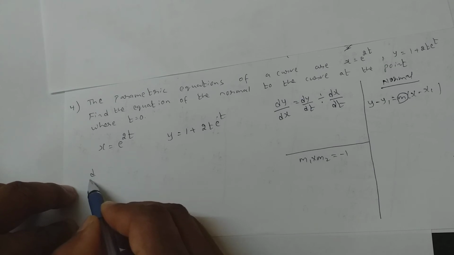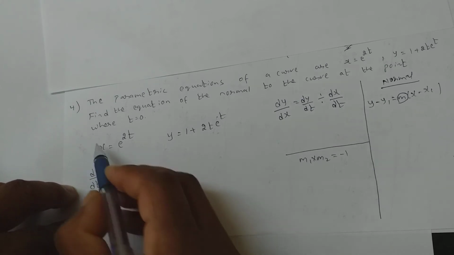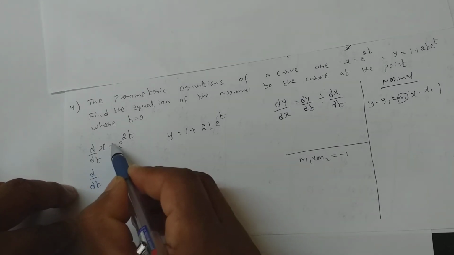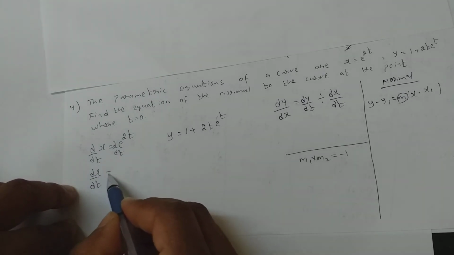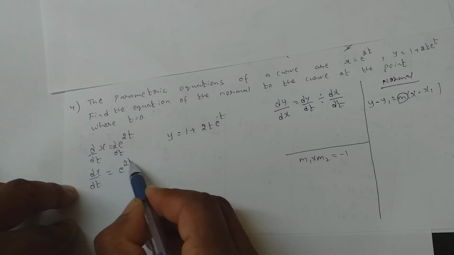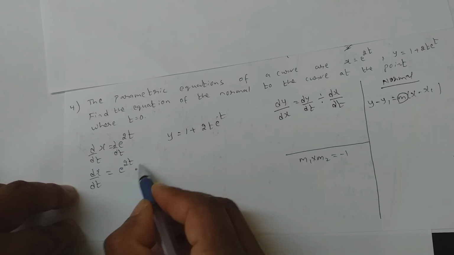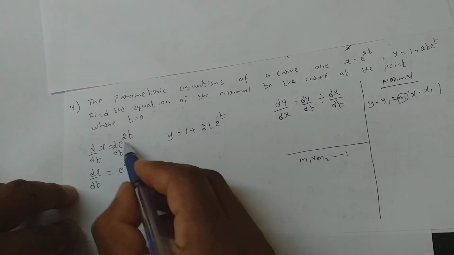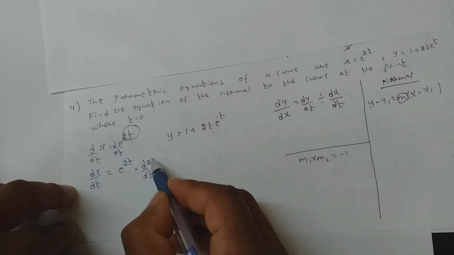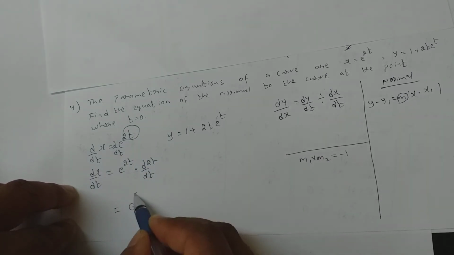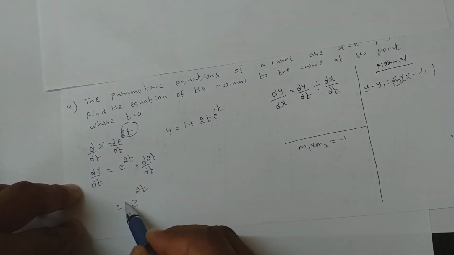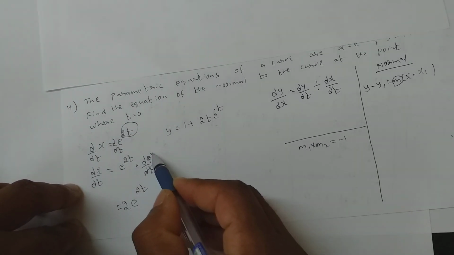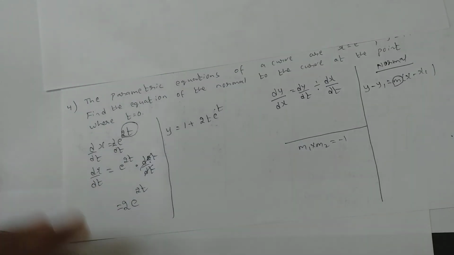How much will it become? Place d by dt on both sides. So dx by dt equal to e power 2t into d by dt of what you had here, 2t. So it becomes e power 2t into 2 will come out, dt dt gets cancelled. This is my dx by dt.